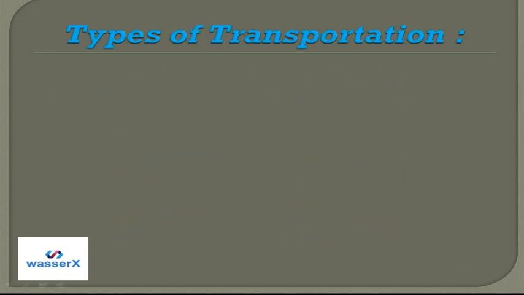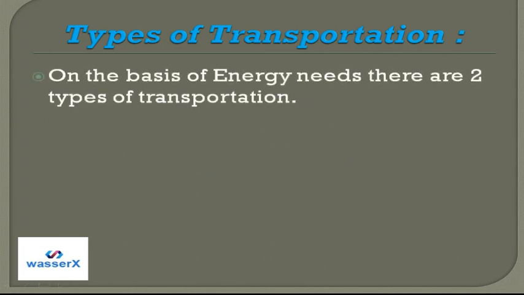Okay. Now let's see what are the types of transportation. We saw that transportation is required for the cell to get rid of waste materials and to obtain the required materials. Now, when I say that I want to eat something, I want to go to school, I want to play with my mobile phone, anything, for anything I require energy. So on the basis of energy, there are two types of transportation. Which two types?